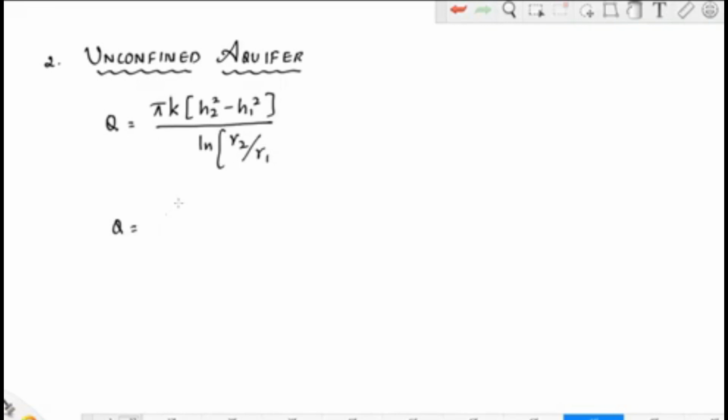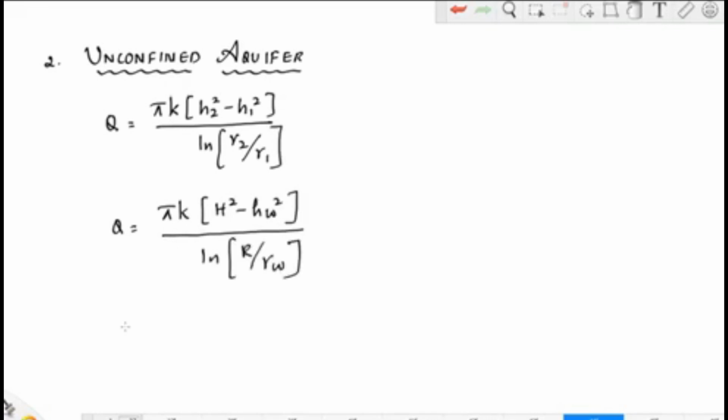Q is equal to pi into K into capital H square minus HW square divided by ln of R by RW. Then coefficient of transmissibility is equal to K into H. These are unconfined aquifer formulae which you have to remember.